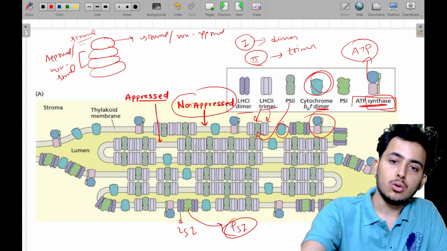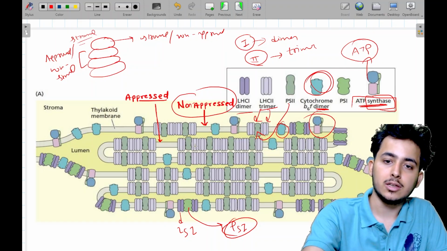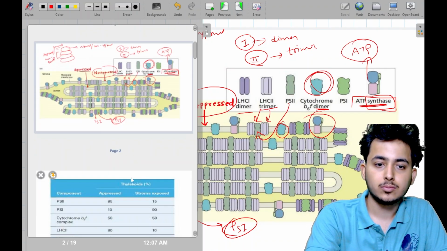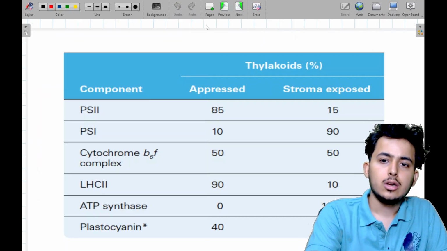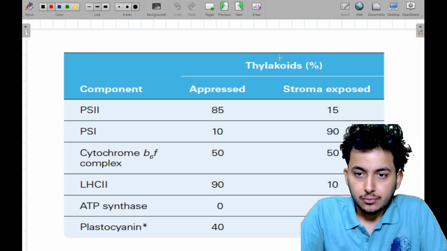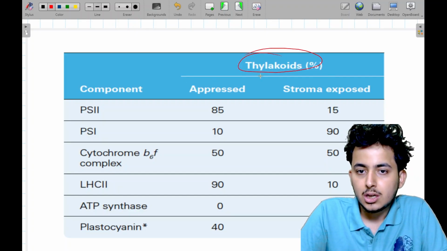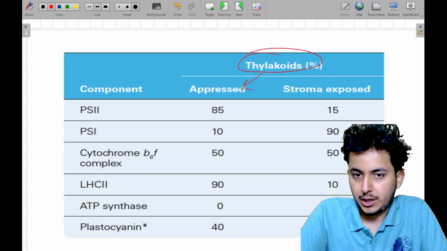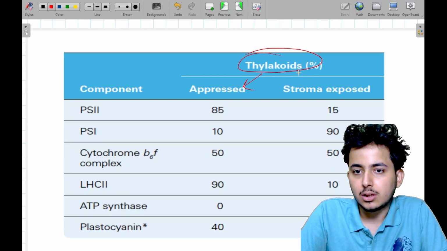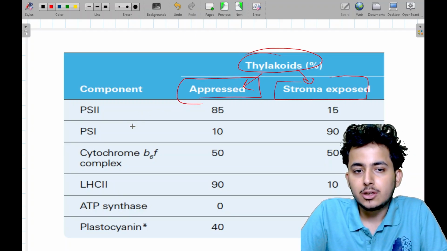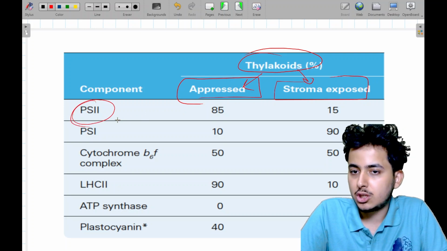Now moving over to the next thing, what is the percentage of components in the thylakoids. If you see the appressed thylakoids and the stromal exposed thylakoids, these are the different percentages of the components which are present.